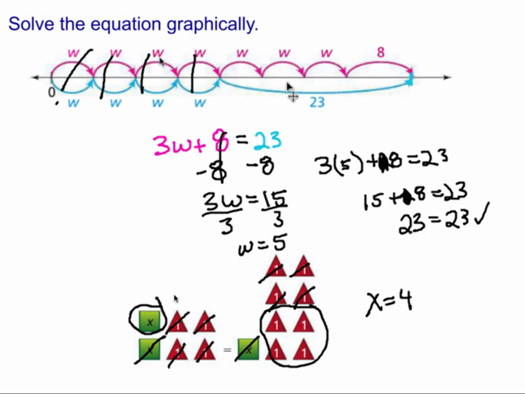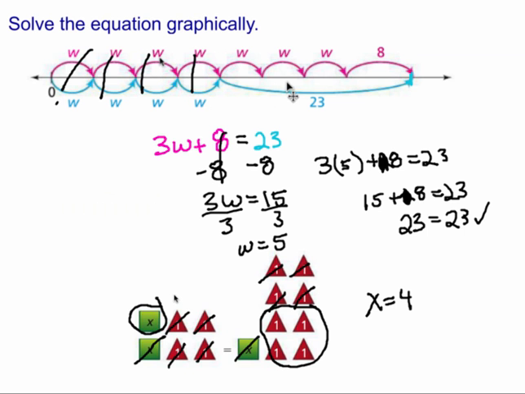So this is how you would do it graphically, but we're not always going to have pictures like this. Let's see if we can do this with just the equation. In this case, I'm going to start off by combining my like terms, but when I go across the equal sign, in order to move across, I have to use the opposite. So if I take away 4w from here, I need to take away 4w from here.